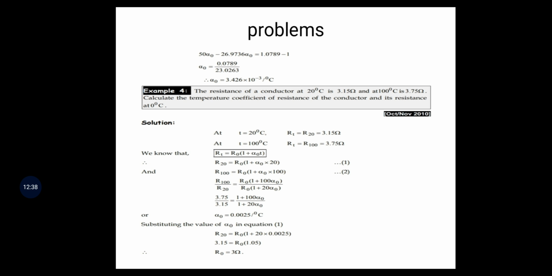From the above equations, alpha naught equals 0.0025 per degree centigrade.